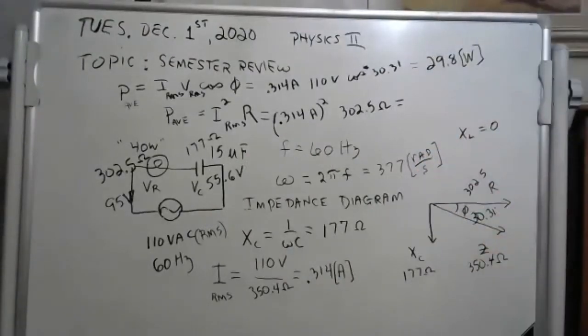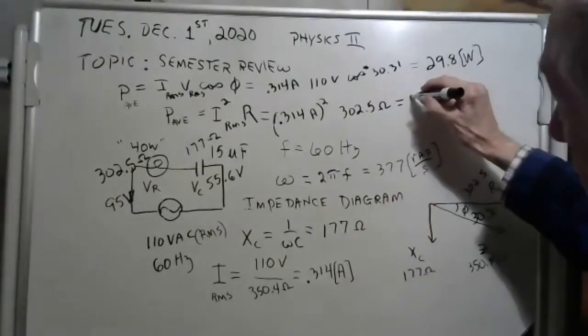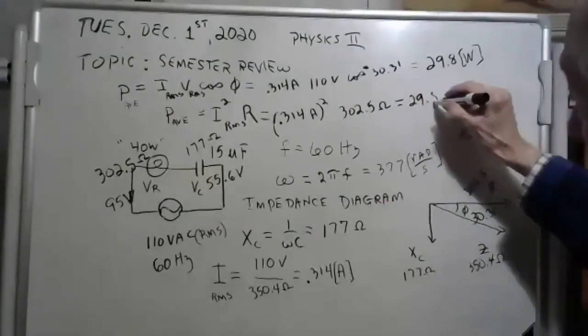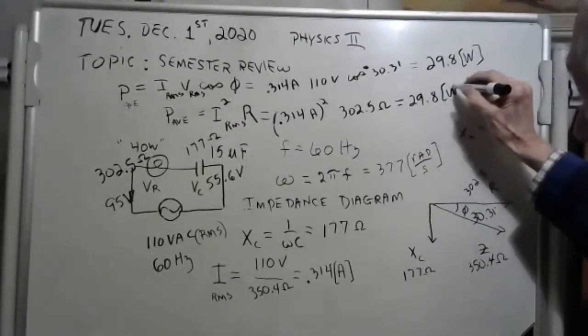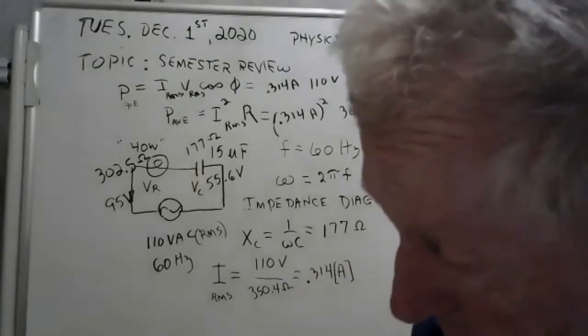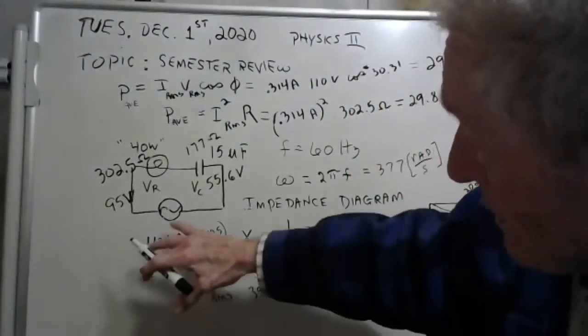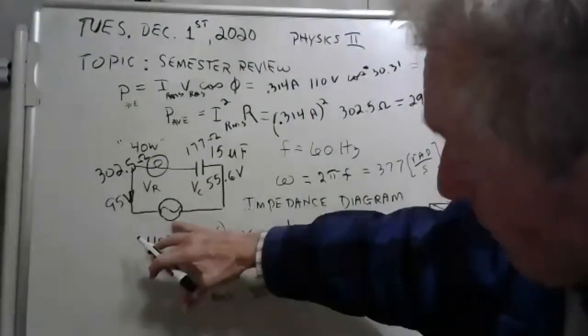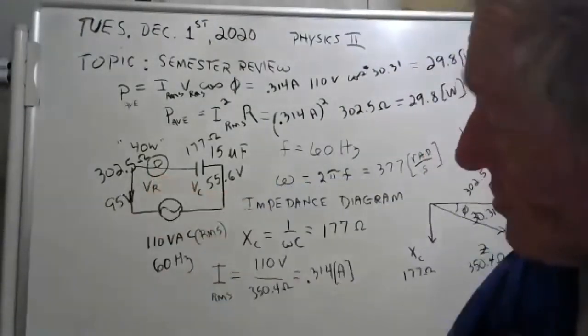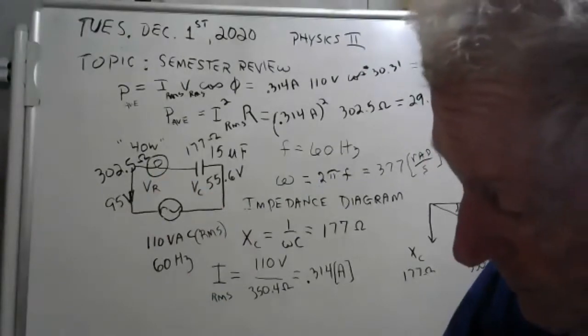I got 29.8. Well, how about that? You get 29.8 watts. The resistor is using up all the power. The source is providing the power, and the resistor is using the power.